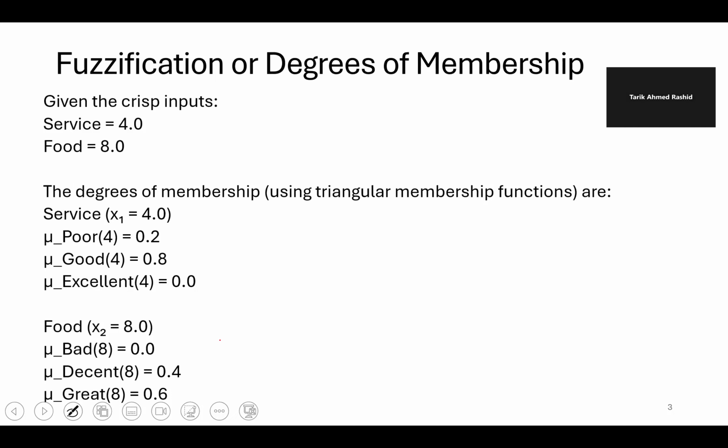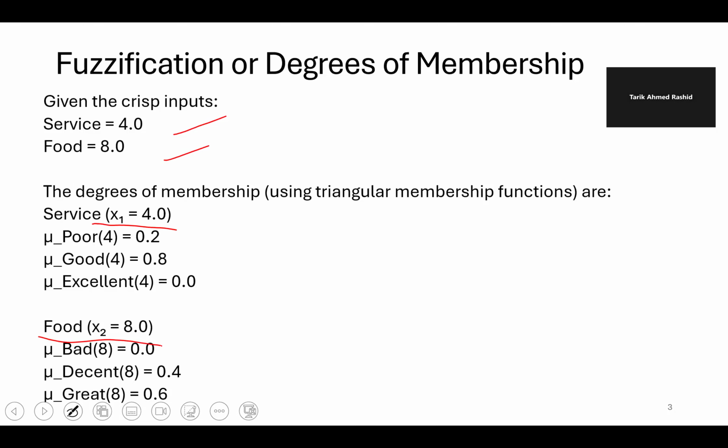So assume that service was 4 and food was 8. We have two crisp inputs, and we try to find the tip. So x1 is 4 and x2 is 8.